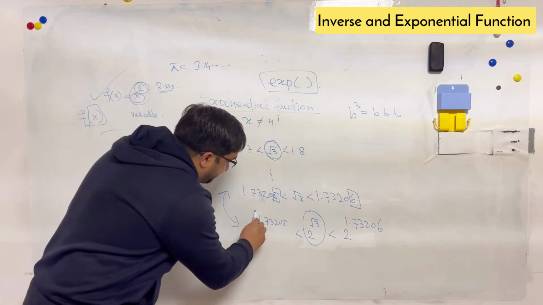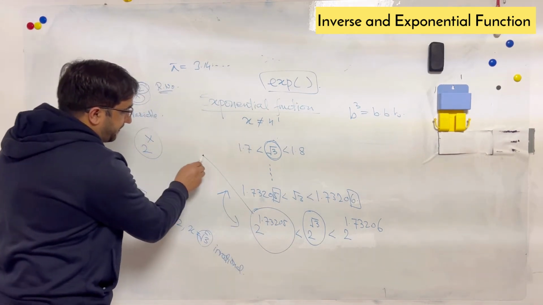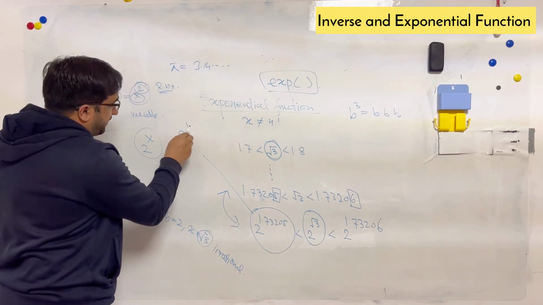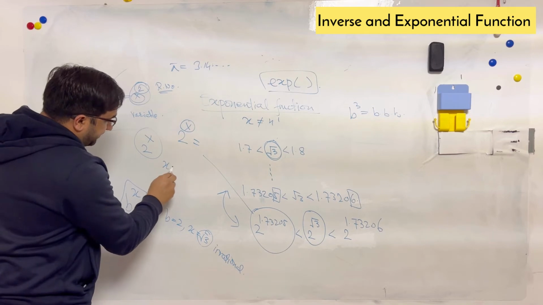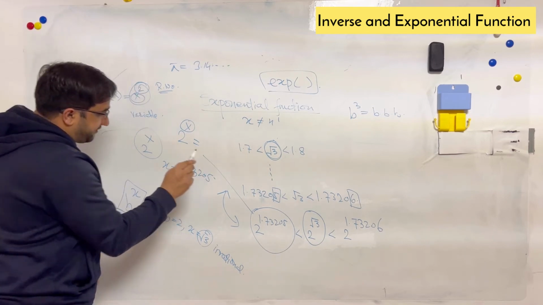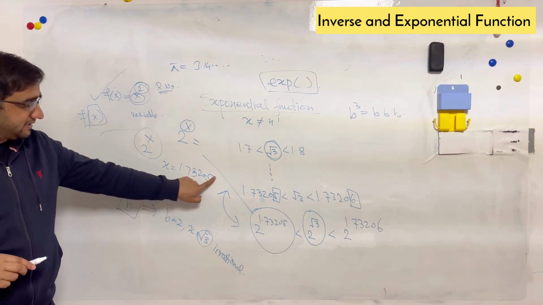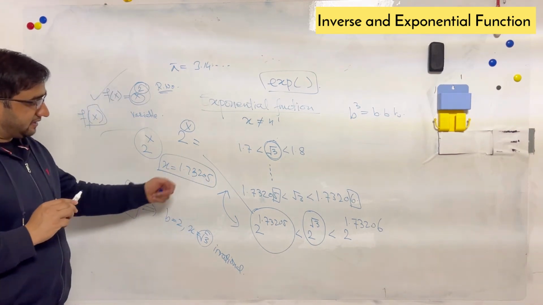But on the left, this is again an exponential function. This is 2 to the power x, but the x is now a rational number, 1.73205. It finishes here, right? So this is a rational number.